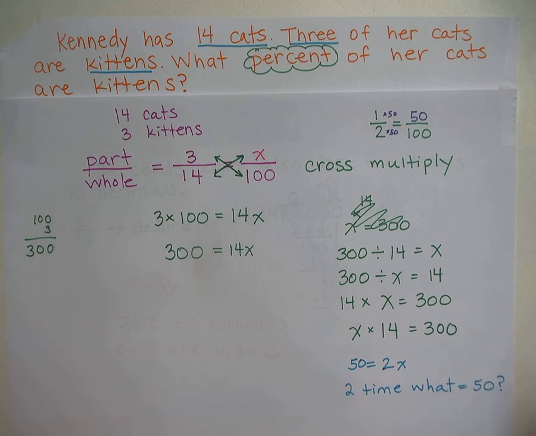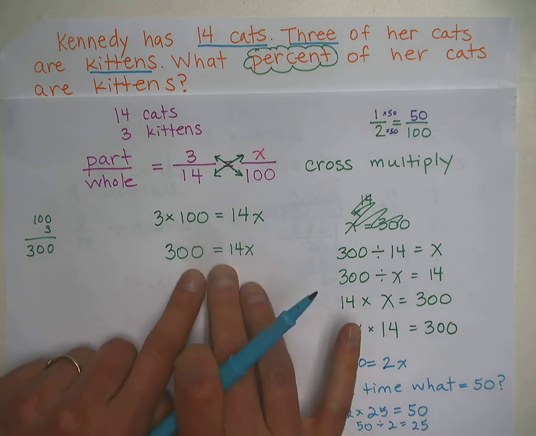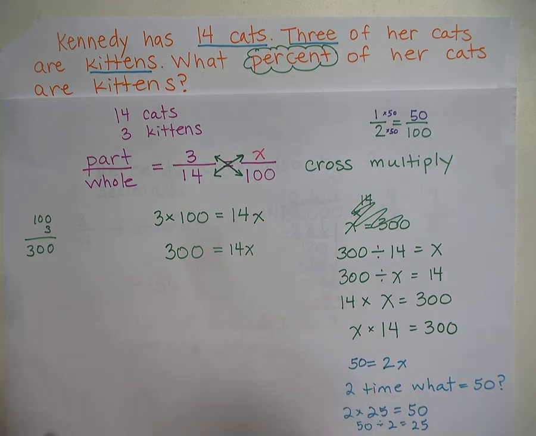And you might just know, okay, well, 2 times 25 equals 50. But you can also figure out that 25 by dividing. So 50 divided by 2 equals 25. Some of you just know that math, but in this case you might not know 14 times what equals 300, because it's not a super simple number.